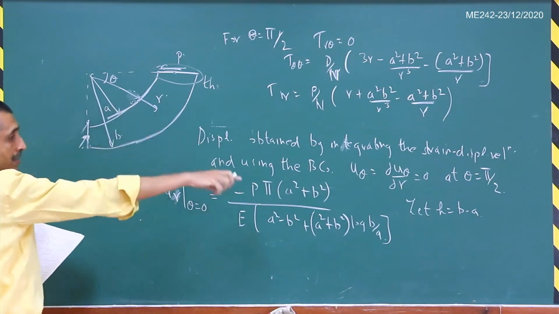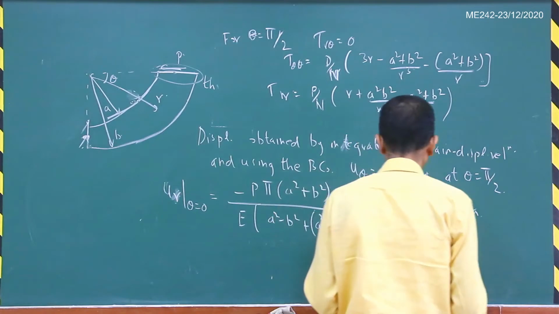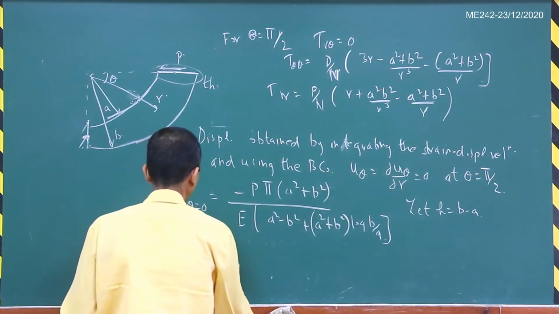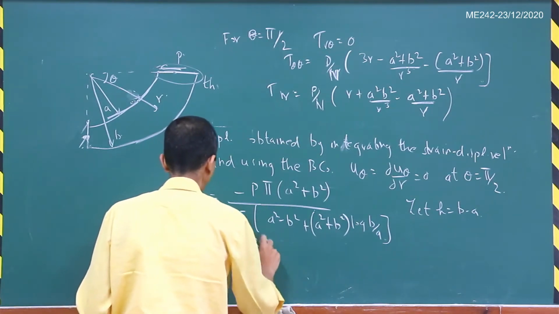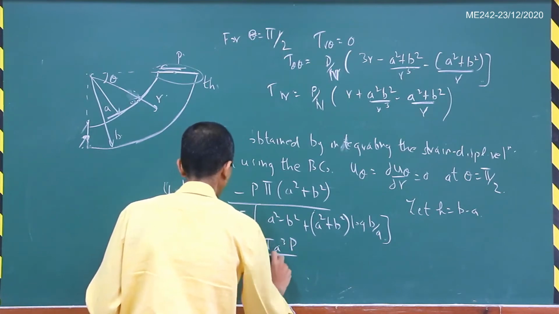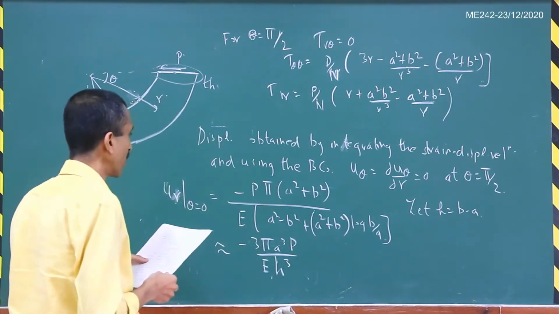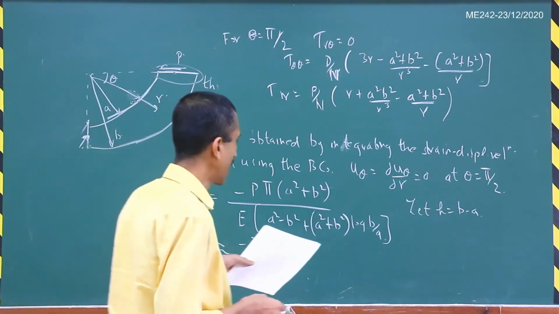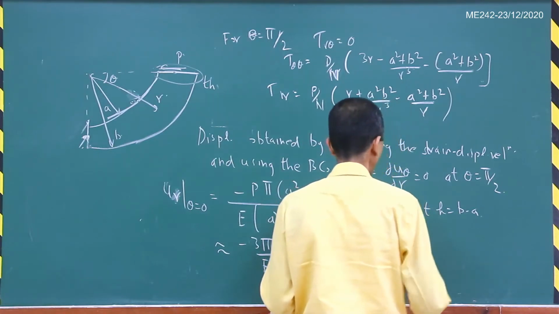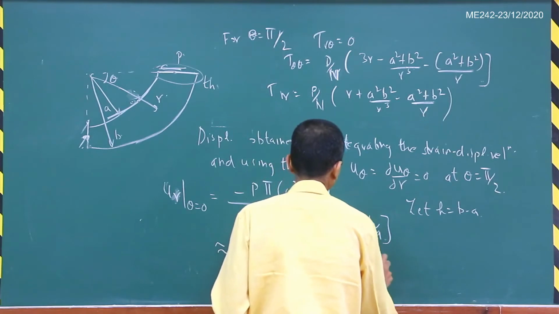If you now write this particular expression, then this is approximately equal to minus 3 pi a cube p divided by e times h cube. This is the deflection that you get if you make the approximation that h is small here, that is, h is much smaller than a.